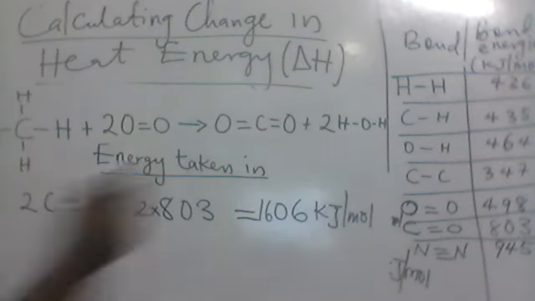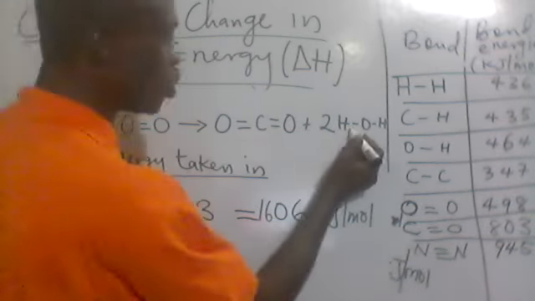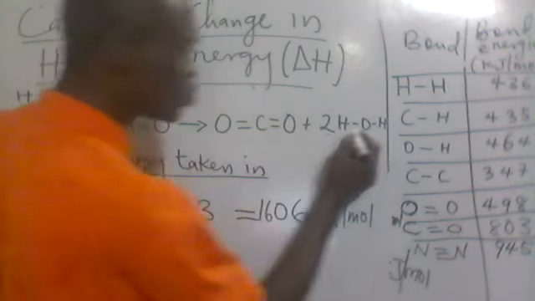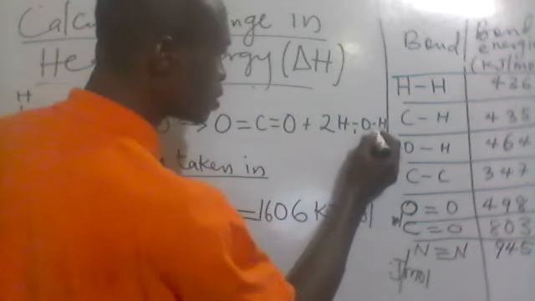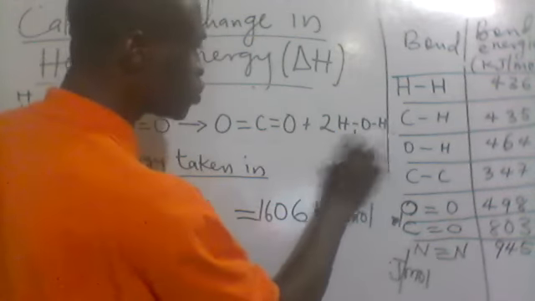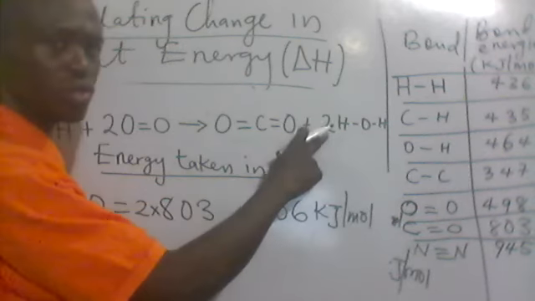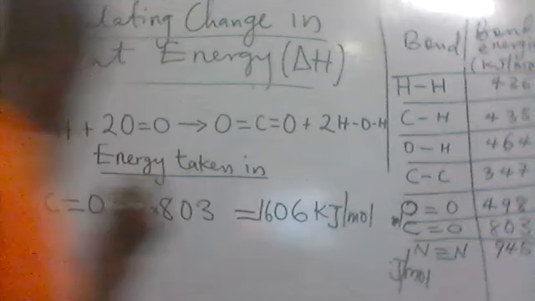The second part is oxygen to hydrogen. We also have 2 of that. This is 1 and this is 2. So we have 2 oxygen to hydrogen, and there is 2 in front of it. So 2 times 2 will give us 4.